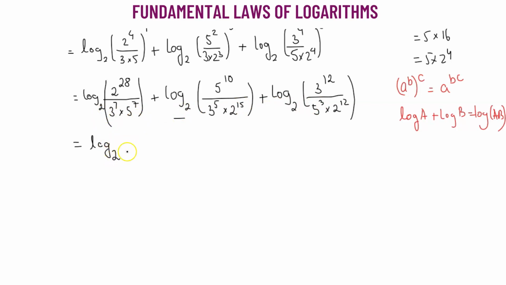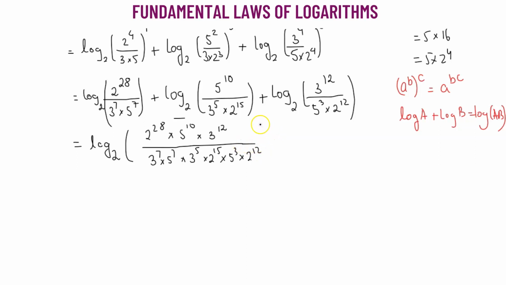So we have log base 2, 2 raised to the power of 28 times 5 raised to the power of 10 times 3 raised to the power of 12 divided by 3 raised to the power of 7 times 5 raised to the power of 7 times 3 raised to the power of 5 times 2 raised to the power of 15 times 5 raised to the power of 3 times 2 raised to the power of 12.